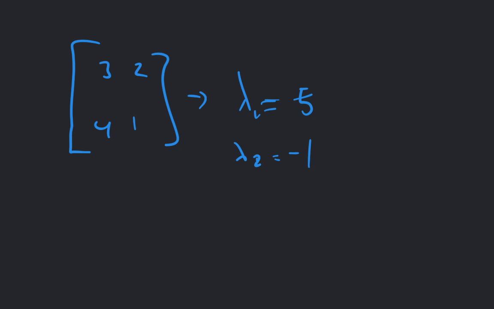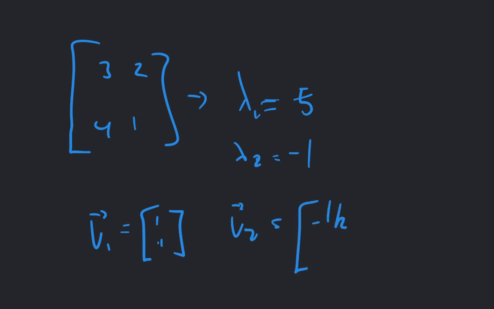This gave us eigenvectors 1, 1, and -1/2, 1. Anyway, that's pretty much it for eigenvectors, eigenvalues. They show up a lot in lots of different fields. Anyway, thanks for watching.